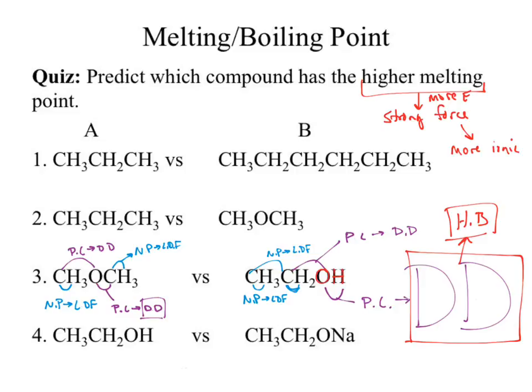Which is the stronger force, hydrogen bonding or dipole-dipole? Hydrogen bonding. If compound 4B has the stronger force, what does that mean? Higher melting point. Make sense? Right. We good with everything up there?